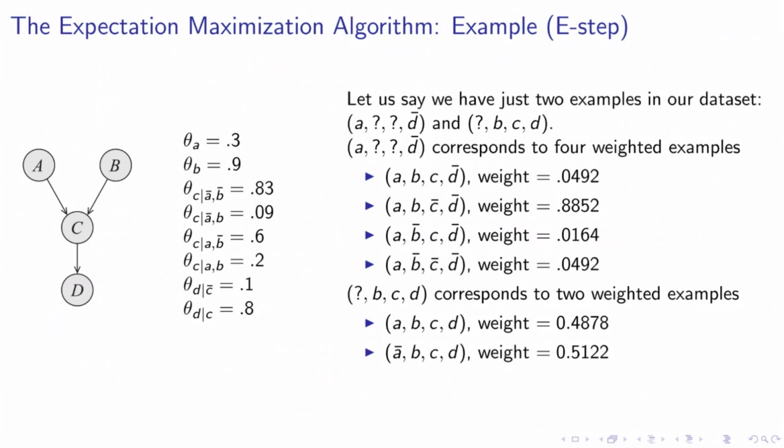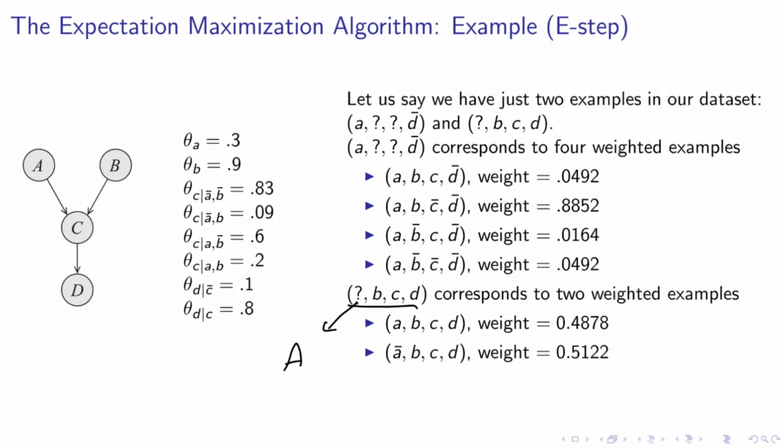Now suppose you are given another example, let's say ?BCD, which means that the value of A is missing while the values of BCD are known. So you do the same thing for that example.